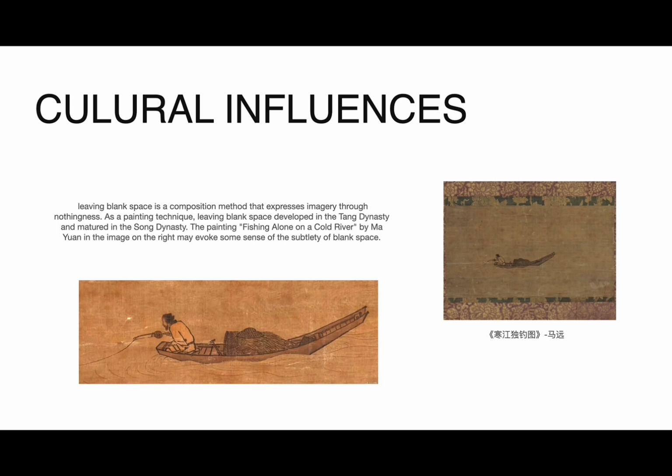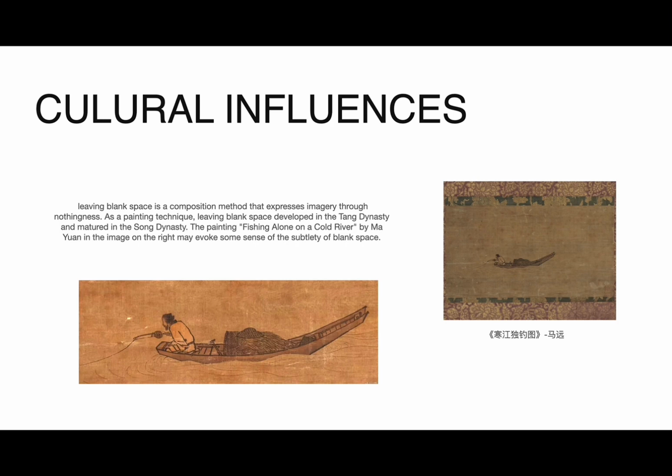I think of a painting technique in Chinese painting, leaving blank space, or liubai in a more refined name. This technique is a compositional method that uses the absence of an object to express its presence. As a painting method, it evolved during the Tang Dynasty and matured in the Song Dynasty.